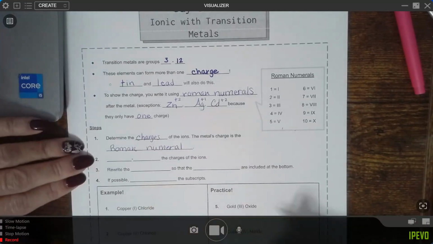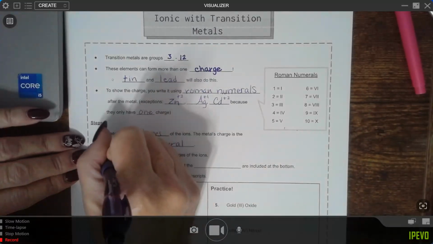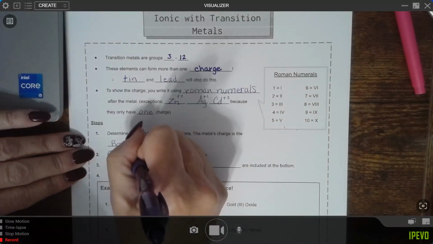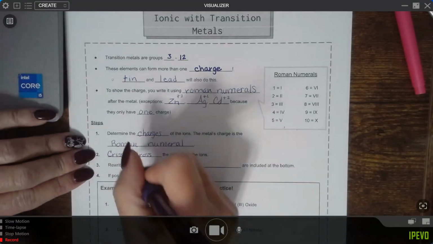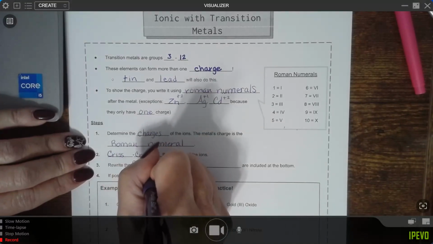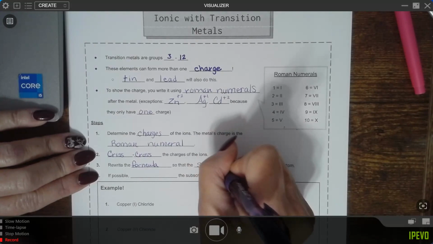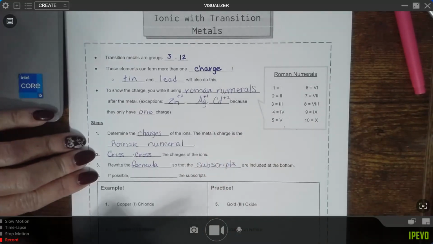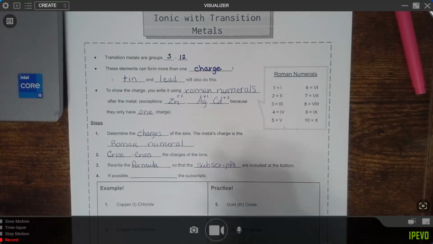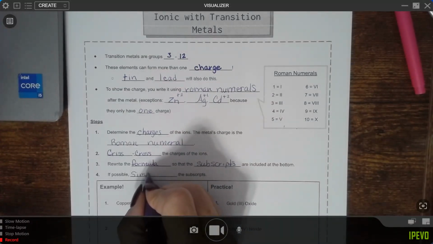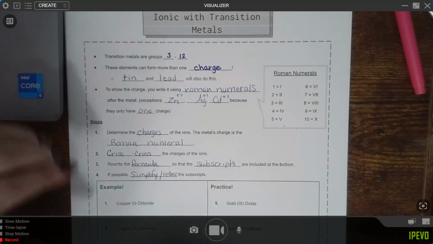Just like in our other examples, we are going to crisscross the charges of the ions, and then rewrite the formula using the subscripts that are included at the bottom. Then, if necessary, we have to simplify or reduce.